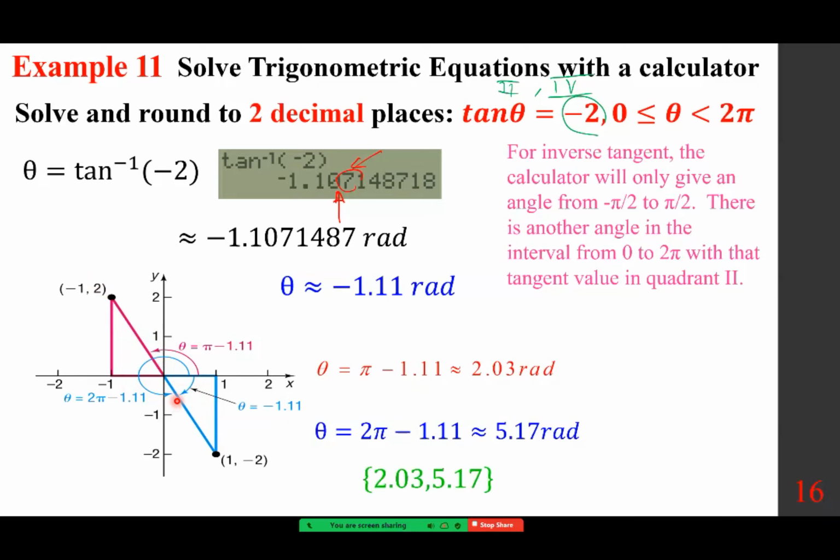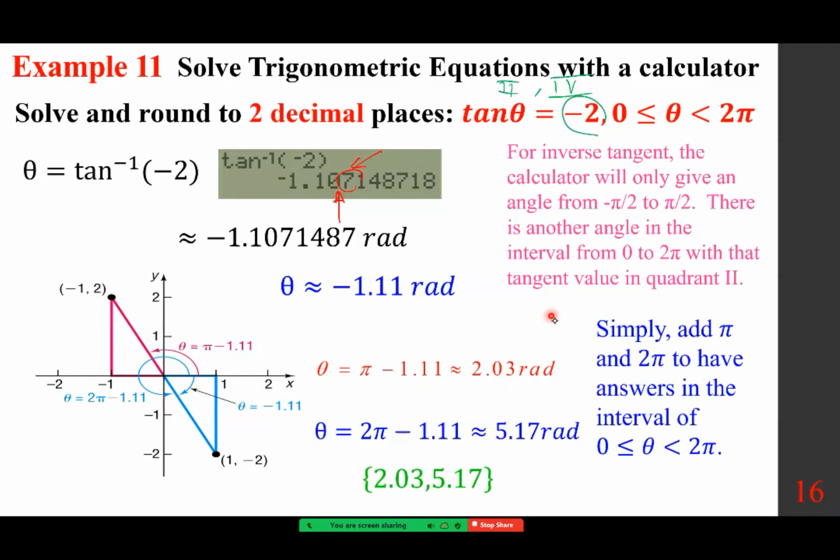So 2.03, 5.7. So in short, whenever you have a negative tangent, okay, add pi and 2 pi, and it puts you in the interval of interest 0 to 2 pi. So whatever the answer you got here, add pi and 2 pi. Why? Because this was a negative tangent.